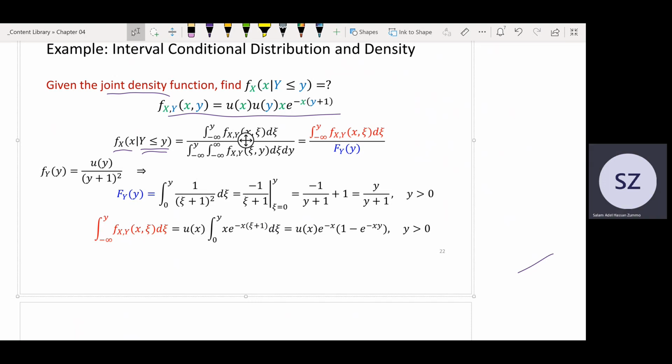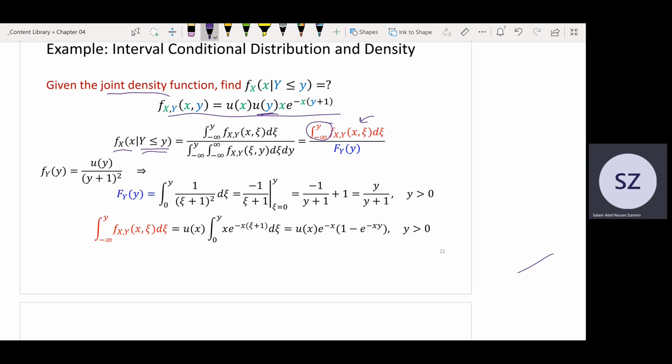However, the PDF is only defined for positive y. Because of that, we integrate the joint PDF from minus infinity to y, but when we express it, we need to integrate only from 0, because from minus infinity to 0 the value of the PDF is 0.